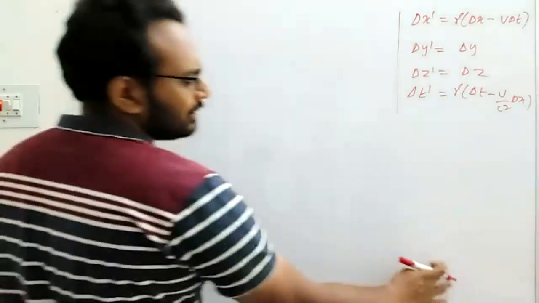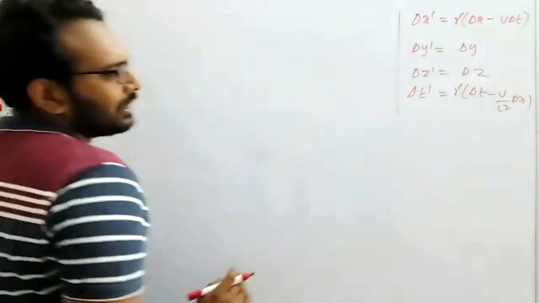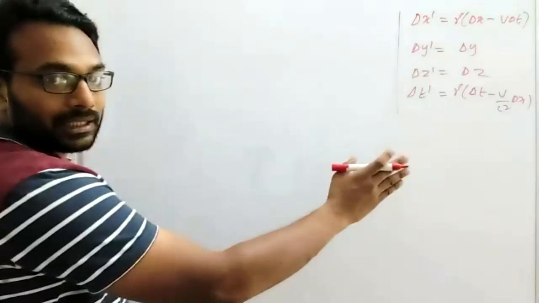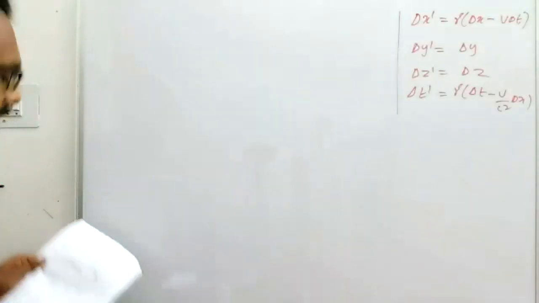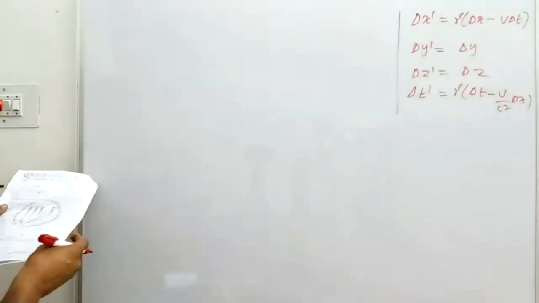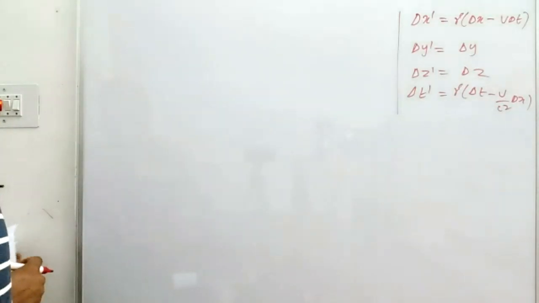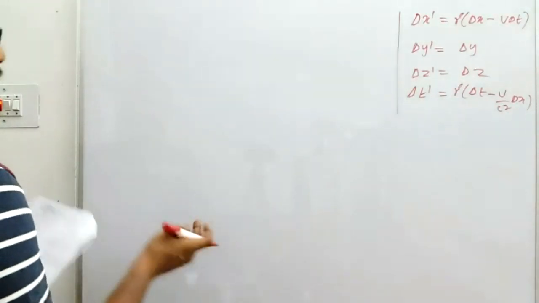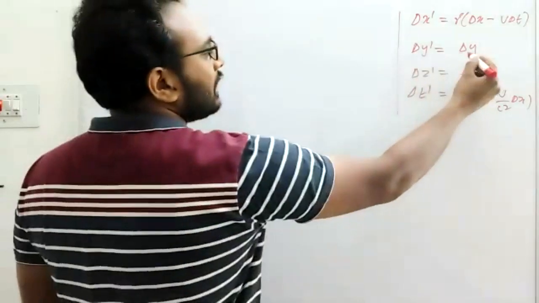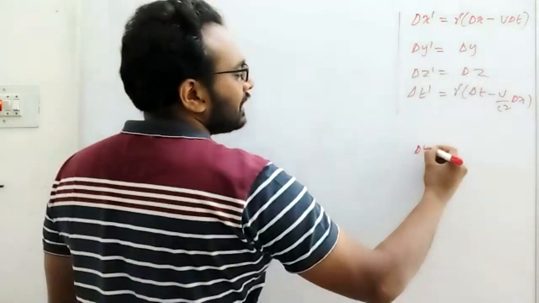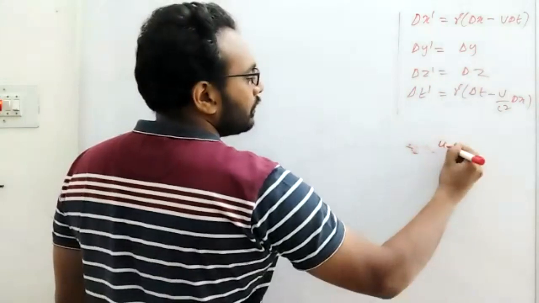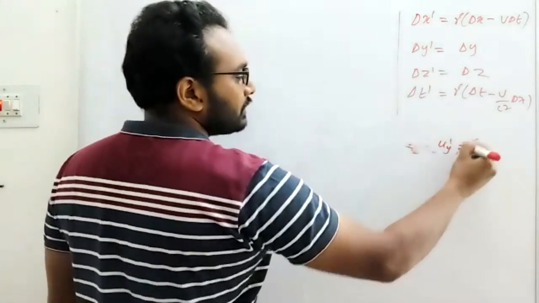The longitudinal case looks very much like the Galilean transformation, just with this extra factor. In the case of transverse velocities, you have to be more careful. People usually make the mistake of assuming, because delta y prime equals delta y, that u_y prime is equal to u_y, but this is not true.